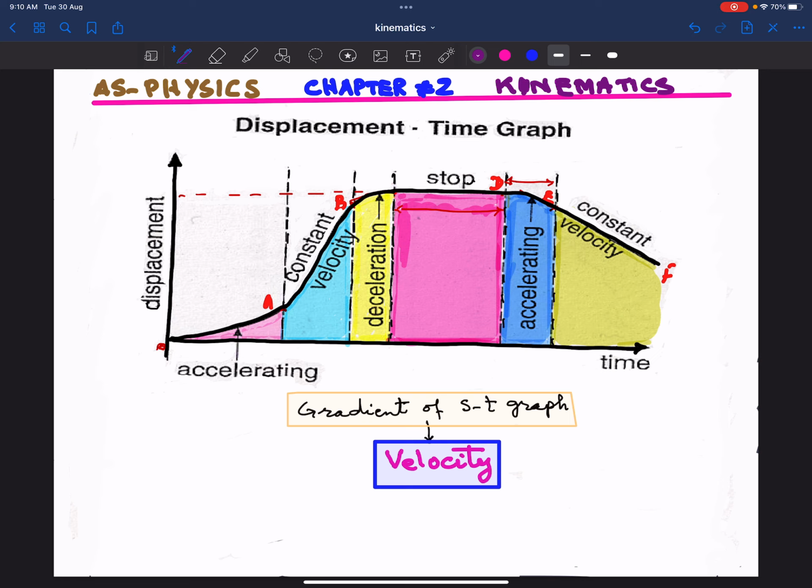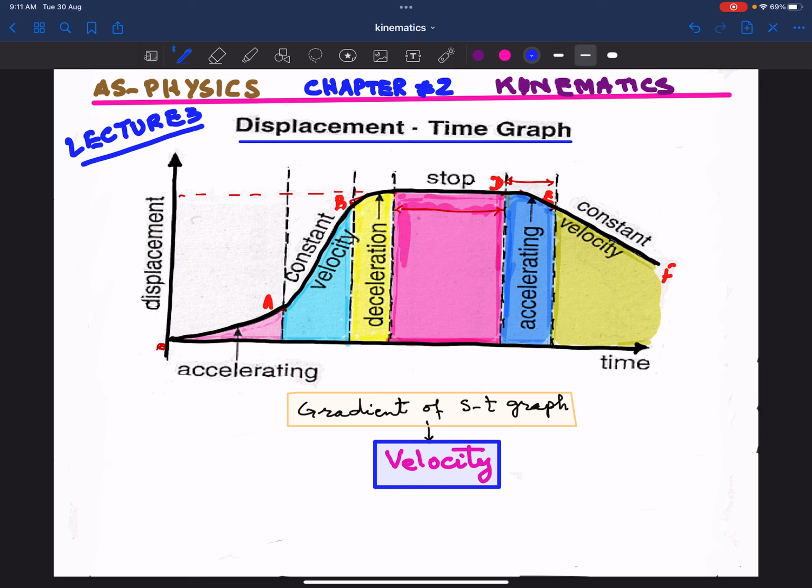As I said, this will be our 3rd lecture of this chapter number 2, and here we are dealing with the displacement time graphs.